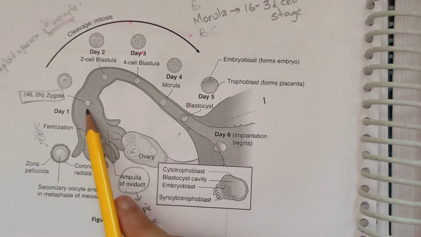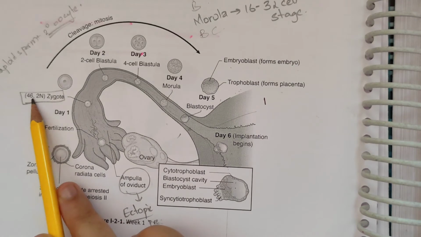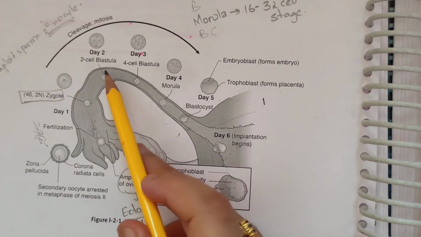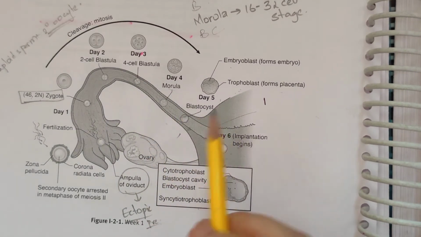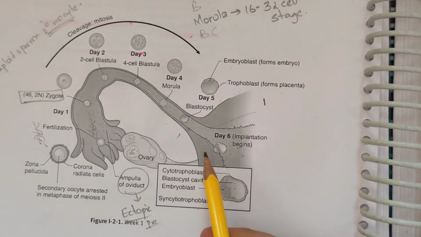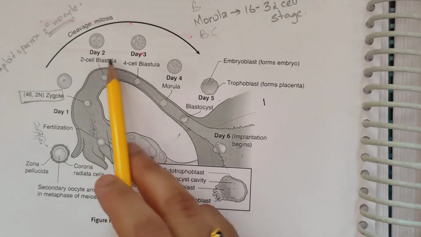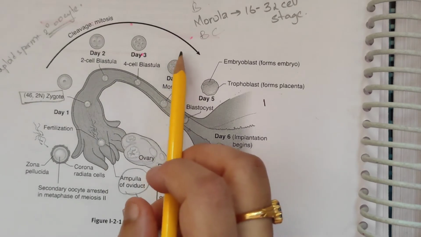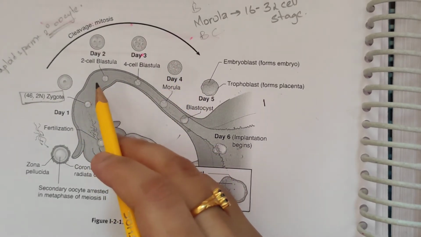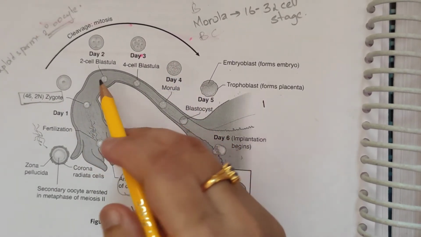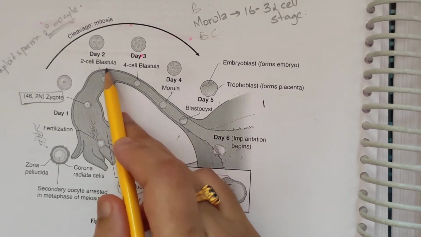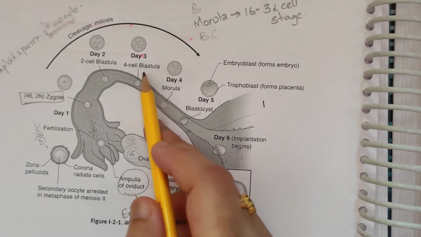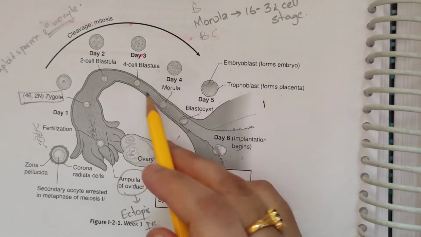Here the zygote is formed, 46 chromosomes and 2n, on day 1. Then comes day 2, day 3, day 4, day 5, and day 6. On day 6 implantation occurs, and we can see cell division through days 2, 3, 4 and onward, which is mitosis. On day 2 is the 2 cell stage, called the blastula, and day 3 is the 4 cell stage, again called the blastula.